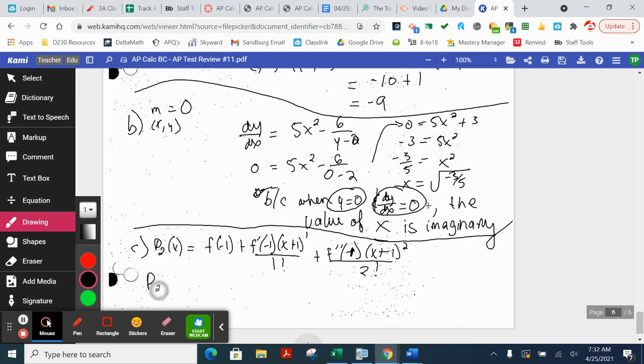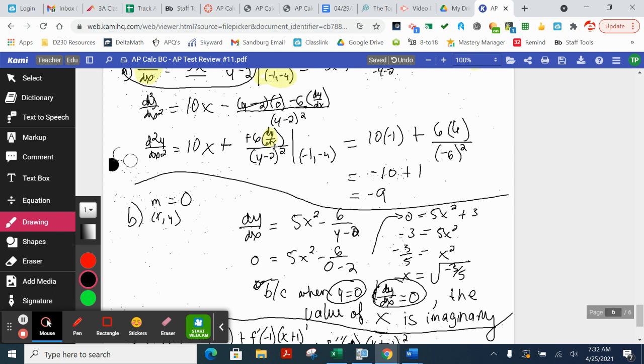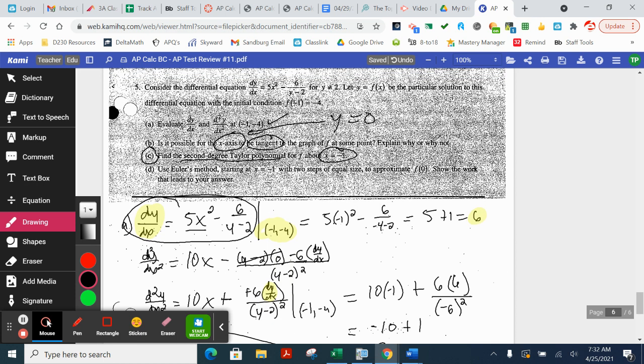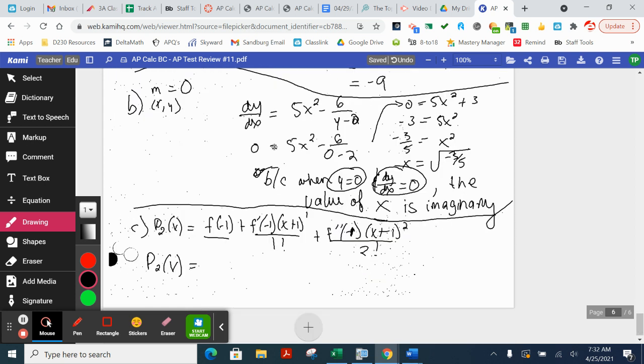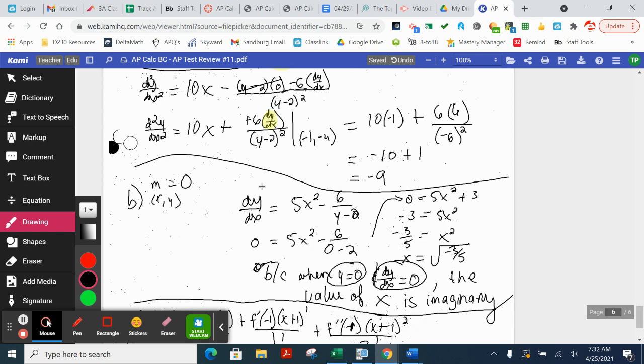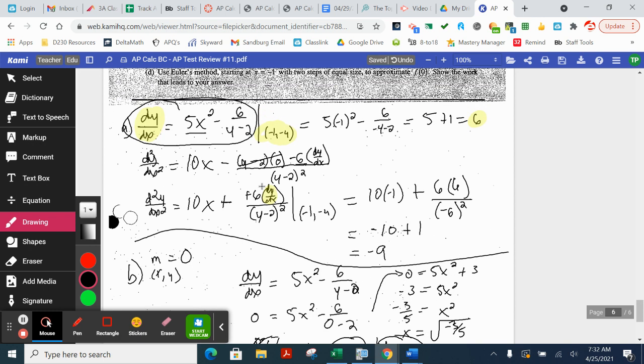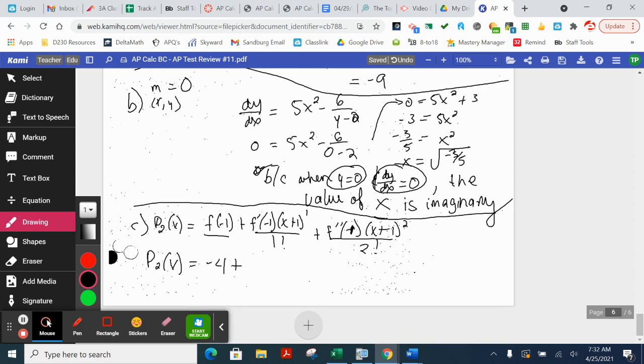The nice thing is you've already done this work. For f of negative 1, when x is negative 1, we have a y value of negative 4. Then I need my first derivative value at negative 1. Isn't that what we did in part A? We found our derivative value at the x coordinate of negative 1, and the first derivative value was 6.